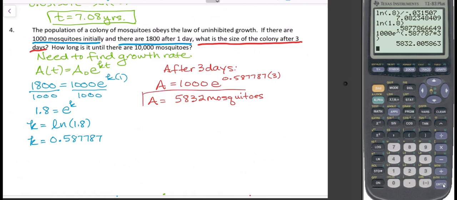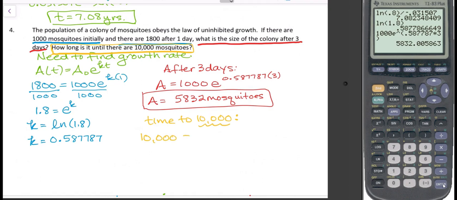Okay, so that answered the first question, and we have one more question in the problem that asks how long until there are 10,000 mosquitoes. So for the time to 10,000 mosquitoes, I'm looking for t if I have a final amount of 10,000. So 10,000 goes in for the final amount. My initial amount was 1,000.